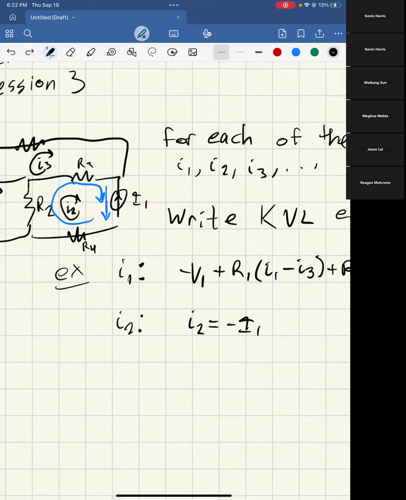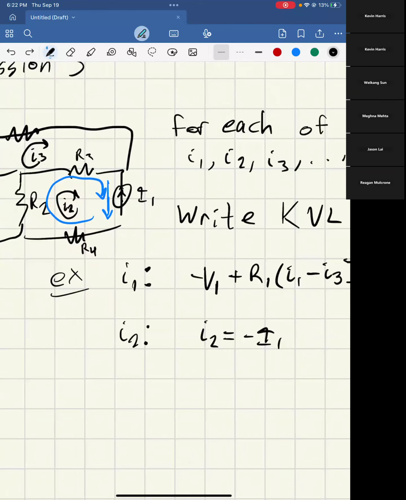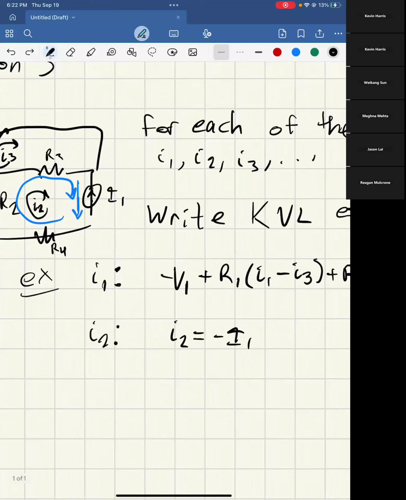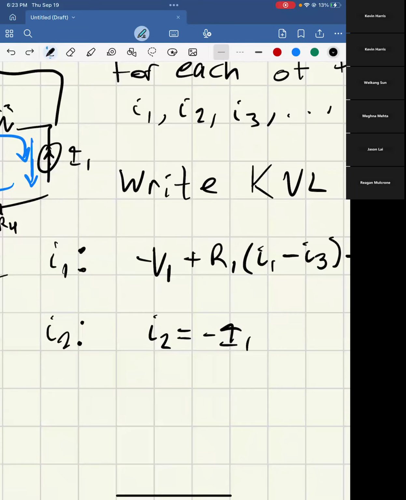And since we've defined I2 in the problem as going counterclockwise, and it's going down through this current source, which is only affected by I2, we can say that this current source basically is I2, which, since it's going in the opposite direction, would be negative.